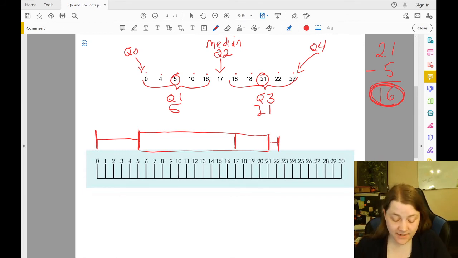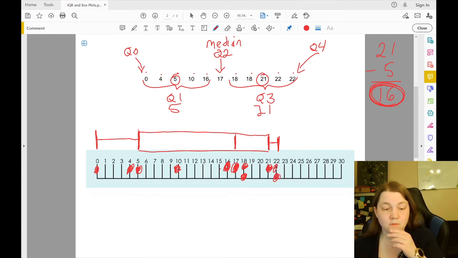So if I put a dot everywhere that we have a number, which is 0, 4, 5, 10, 16, 17, 18, another 18, 21, 22, and 22, you can see that the dots are closer together on the left-hand side.